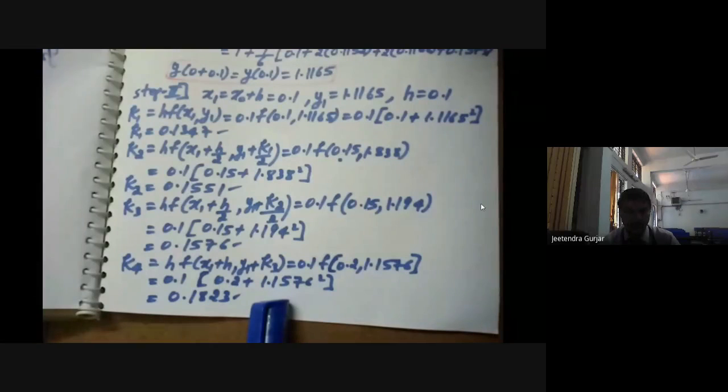We get k1 as 0.1347. K2 value we get here is 0.1551. K3 value we get 0.1576. K4 value you get 0.1823.